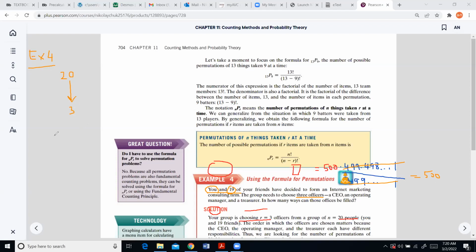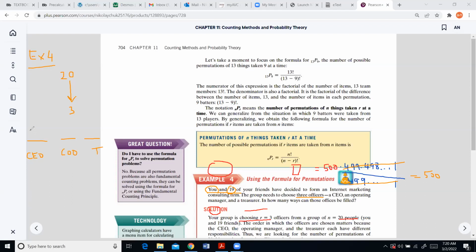So there will be a CEO, operating manager, and treasurer. So there are 3 positions. The question is, how many ways can you do this selection? The CEO, then probably the COO, the chief operational manager, and treasurer.